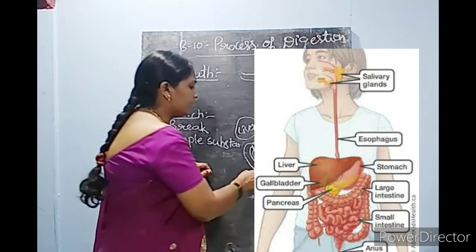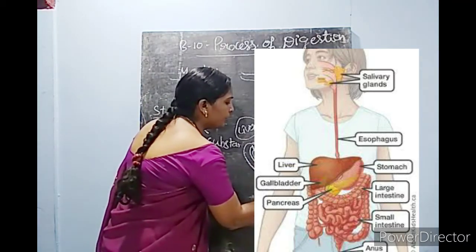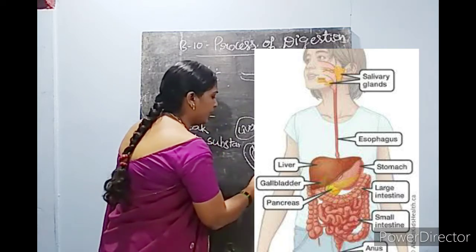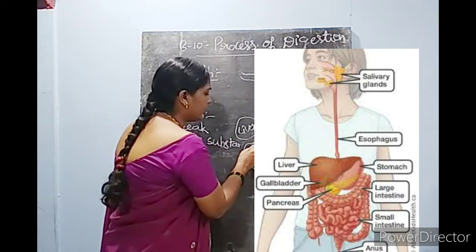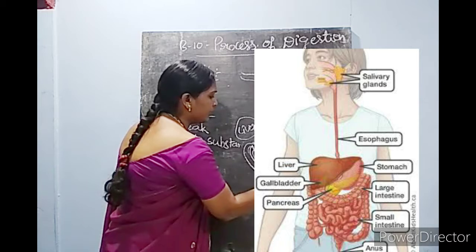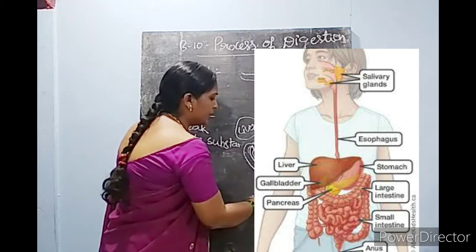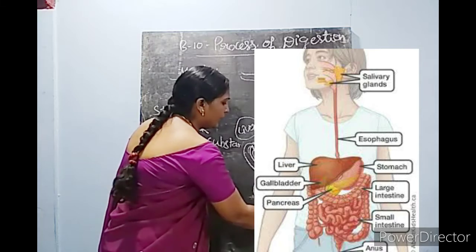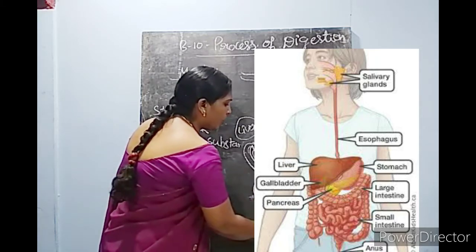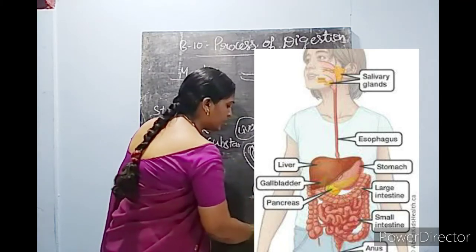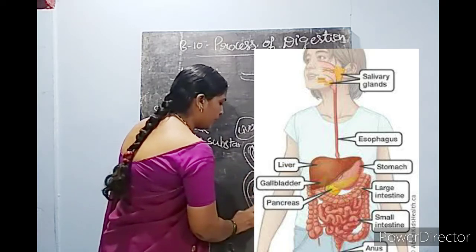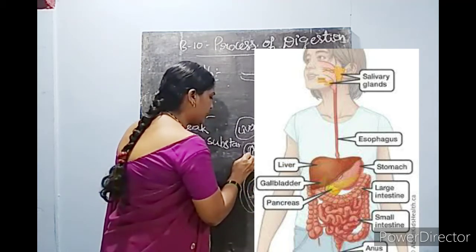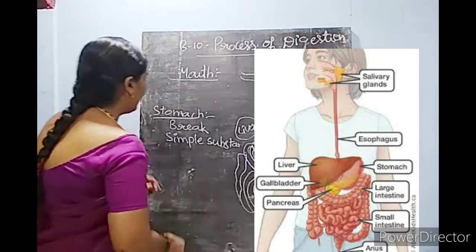And from here, the food enters into the small intestine. This is the small intestine, a long coiled tube-like structure.